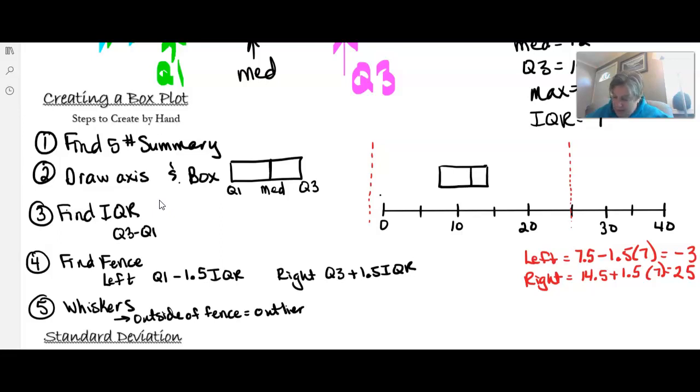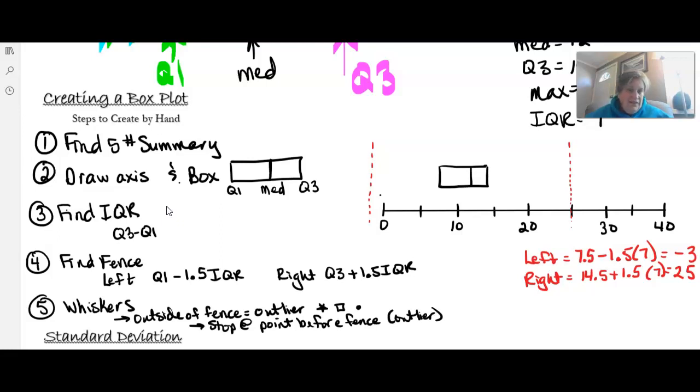And when you have an outlier, you're going to put a star, a box, a tick, or a little dot. That shows it's an outlier. And here's the next thing that's really important. If you have an outlier, you do not draw up to the fence. You draw up to the next biggest point. So stop at the point before the fence, if there's an outlier.